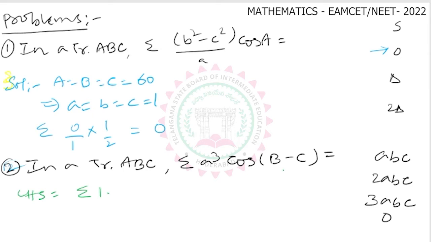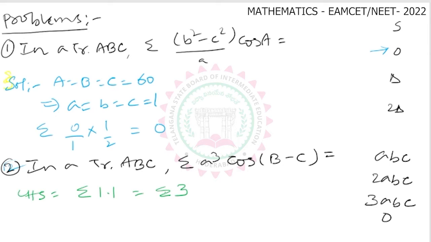So cos 0 is 1. So this is nothing but sigma 1 plus 1 plus 1 is equal to 3. So if I simplify the left hand side, I am getting the answer 3.